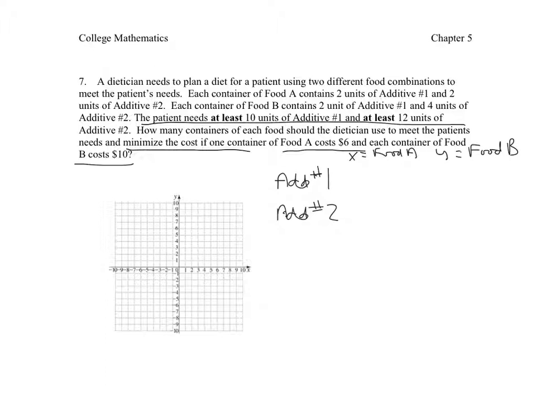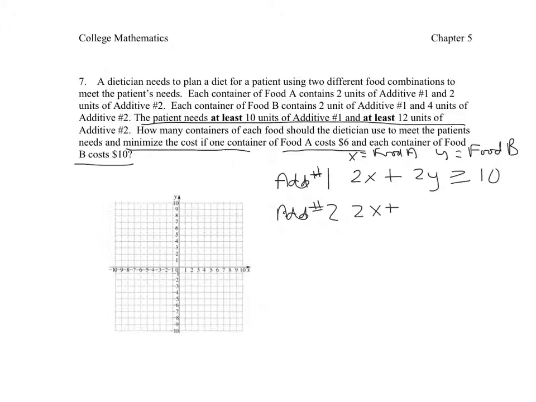And when we pulled the information out of this problem, we saw, talking about additive 1, in food A, there were 2 units of additive 1. In food B, there were 2 units of additive 1. And we needed to have at least 10 units of additive 1. So that means 2x plus 2y was greater than or equal to 10. For additive 2, if we look in food A, we had 2 units.